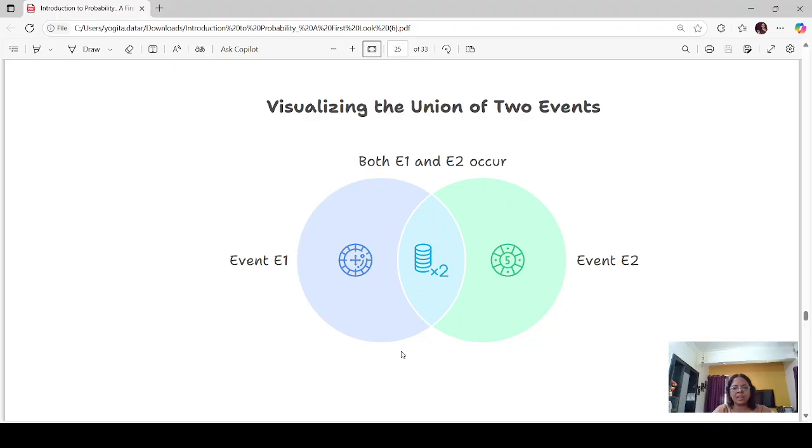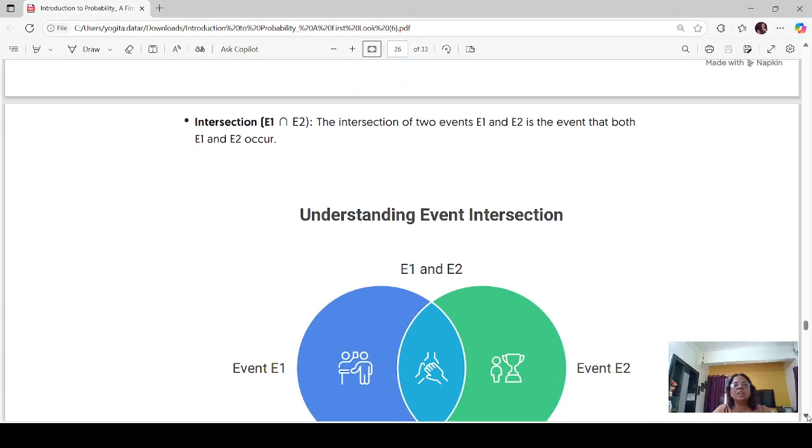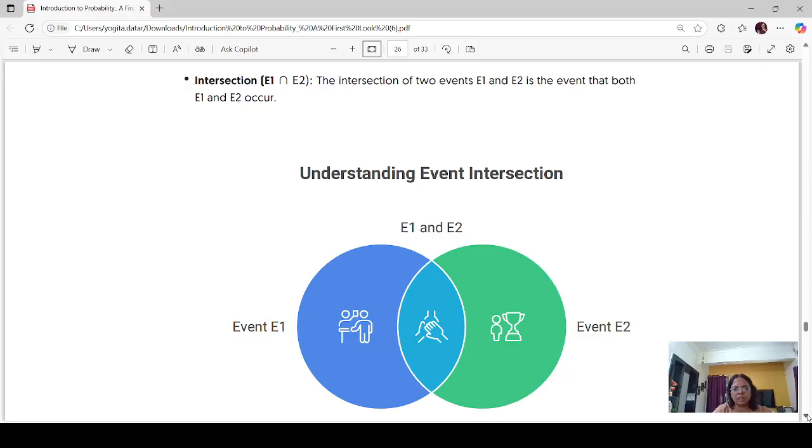Now see here in this diagram, here it is event E1, here event E2, and this is the common part which is the intersection part, but union means either this event will occur or this will occur or both of them will occur. Now the next is intersection. Intersection of two events is the event when both the events will occur surely. So this is the intersection part of the events. So here this part indicates that both event E1 and event E2 are occurring.